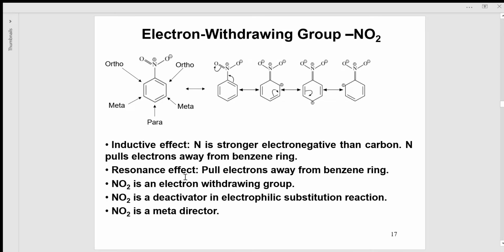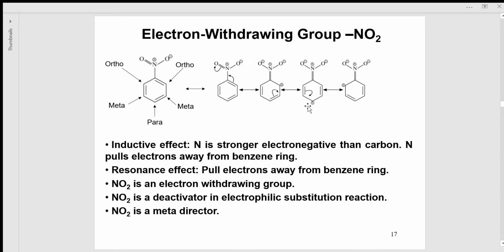The second effect is called the resonance effect. So when we draw the resonance structures, this is the first resonance structure, this is the second, third, and fourth resonance structure. If we check these resonance structures, you see there is a positive charge here.